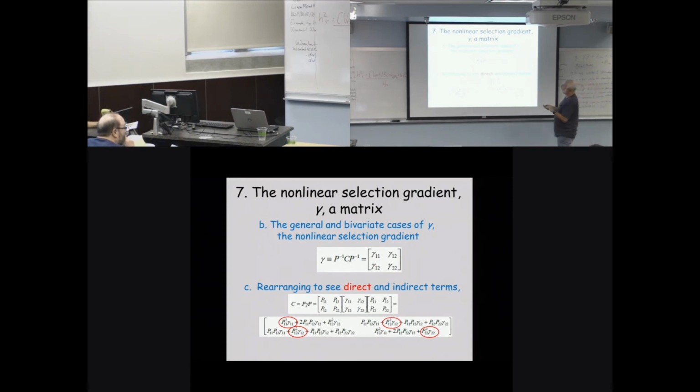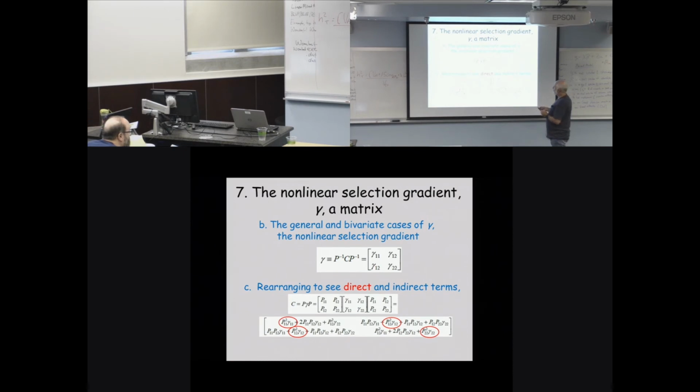Okay, so we're going to do the same thing as before. We're going to take gamma and pre and post multiply, because we don't want to look at these inverse matrices. We want to look at regular matrices, and so to get this into an interpretable form, we're going to pre and post multiply gamma by P. And when we do that, on this side of the equation that becomes C, and this side becomes P gamma P. Not so hard.